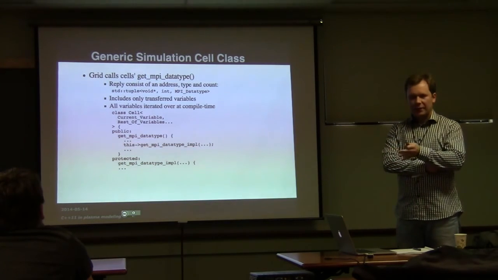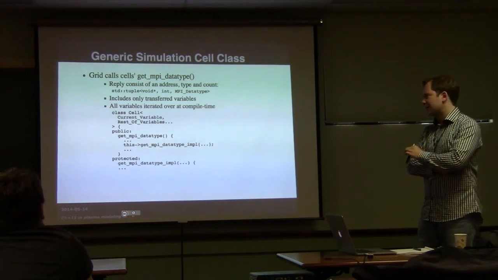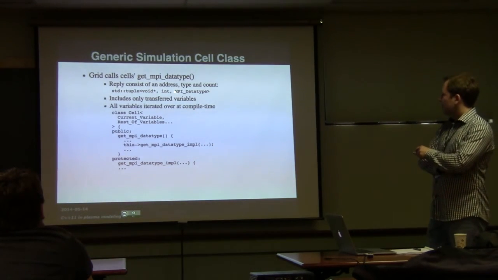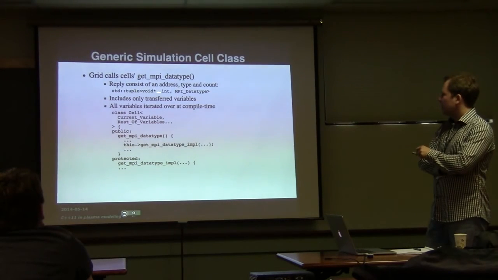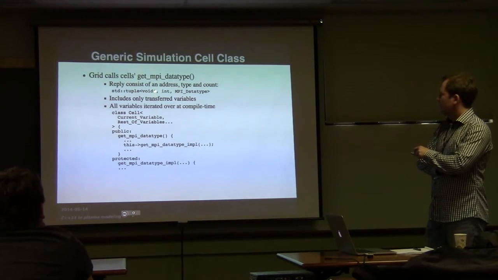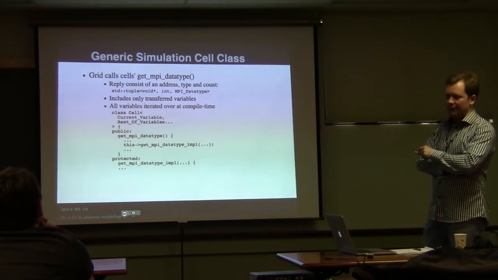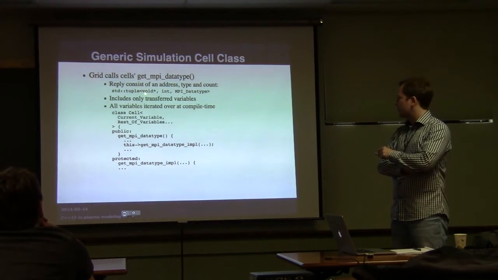And then the cell returns the required information based on which variables the user wants to transfer. This is basically the MPI API. So there is some buffer and then some data type, and then some number of these data types are sent from the address starting here.